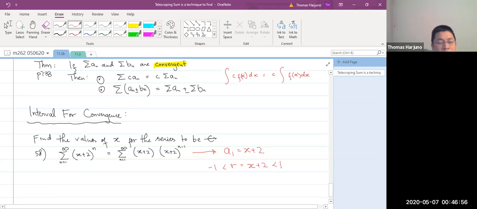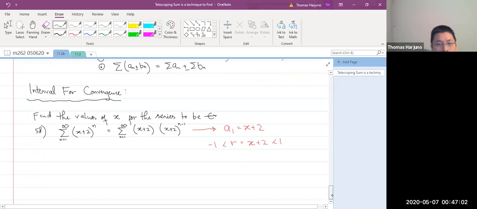That's what I do. So to find the x such that this geometric series is convergent, x plus 2 has to be between -1 and 1. Subtract by 2, so x has to be between -3 and -1.